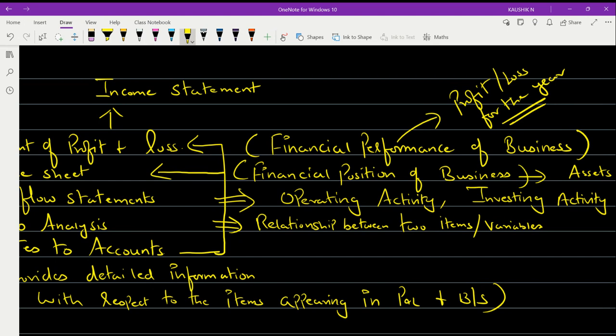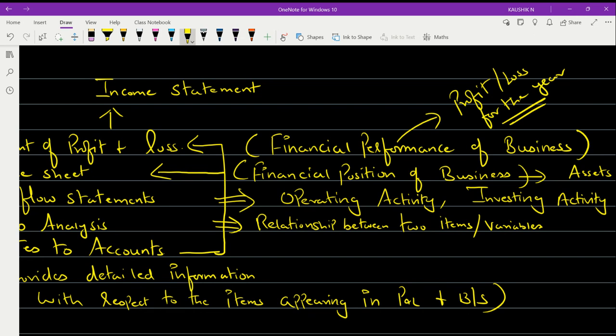So what is the relationship between the assets and the liabilities using ratio analysis? There is certain benchmarking to derive the ideal ratio. Whether the management, the business, is maintaining the ideal ratio or not, all those analyses we'll be learning from the chapter of ratio analysis.